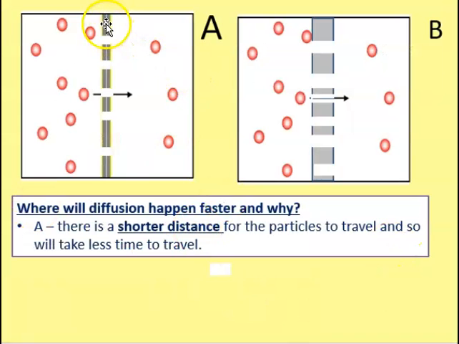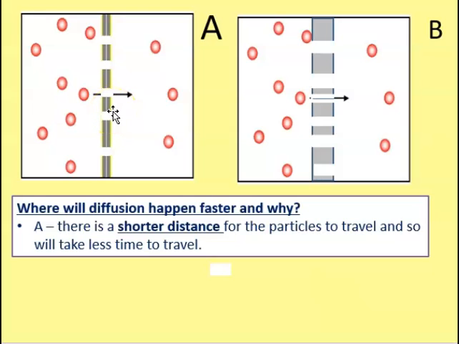So this time we're looking at the distance that the particles need to travel. Hopefully you'll see on A that there's actually quite a short distance, because this membrane that they're moving through is quite thin, whereas on B the membrane is thicker. Now this time it will be A where diffusion will happen faster, and that is because the particles have got a shorter distance to travel, which I think logically makes sense.